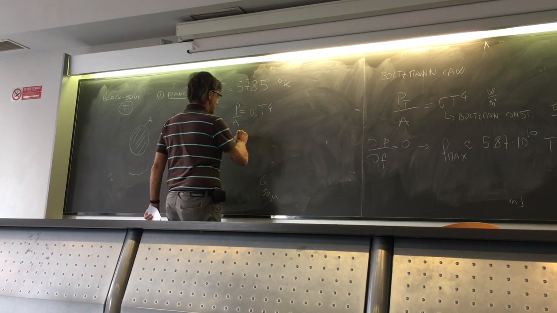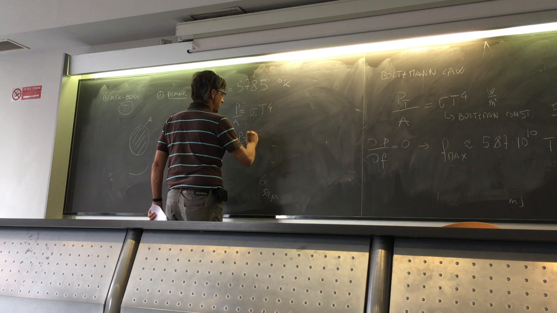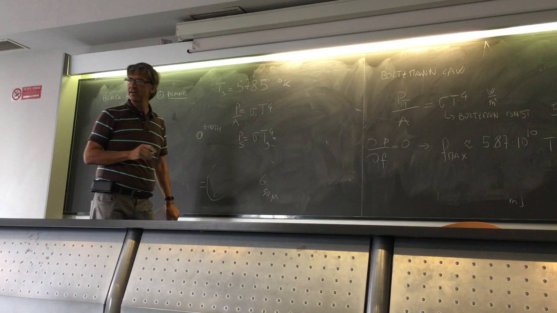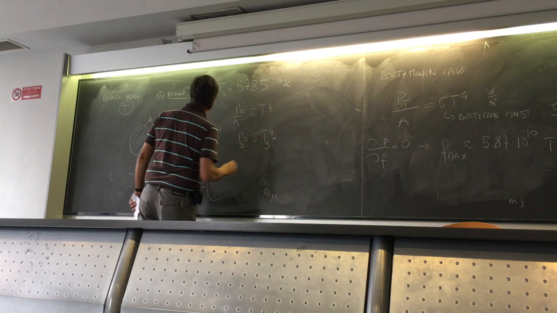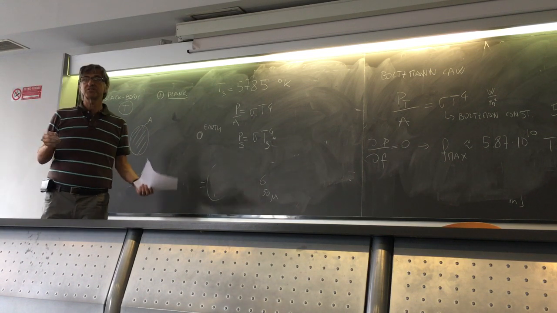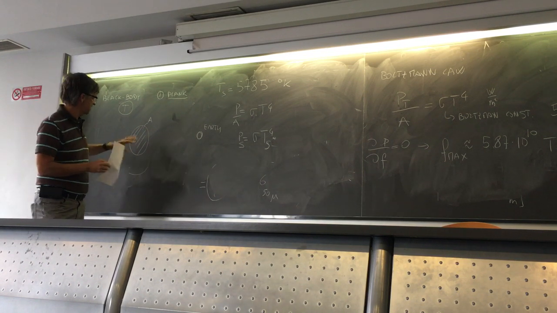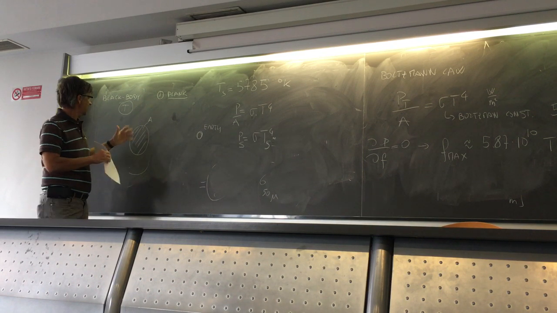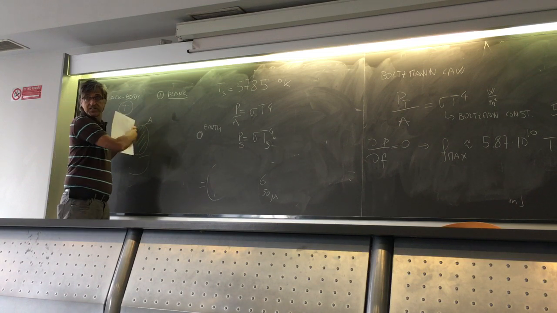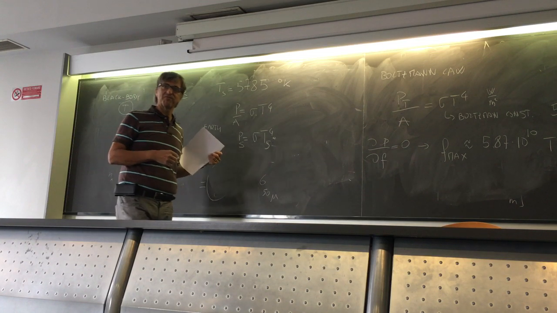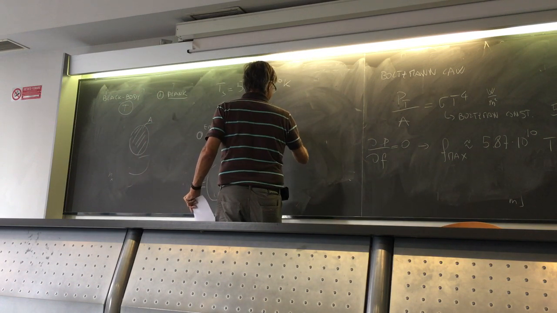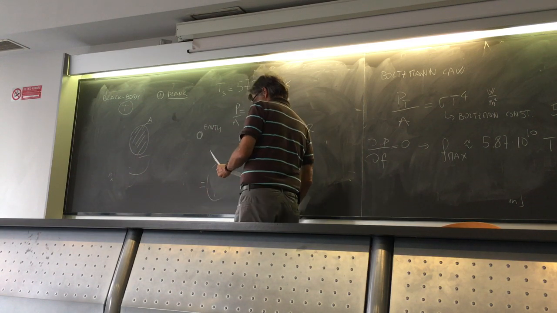Well, the total power of the sun should be sigma T4, where T is the temperature of the sun that I know, multiplied by the surface of the sun. How can we compute the surface? If the sun is a sphere, you remember the equation of the surface: 4 pi radius of the sun squared.